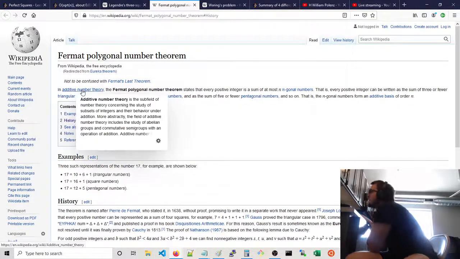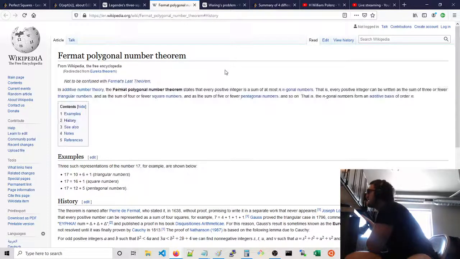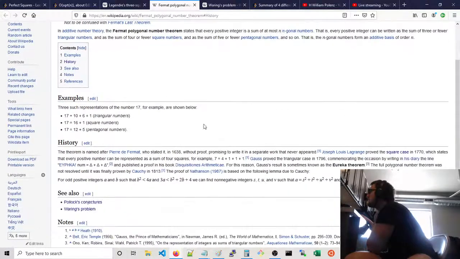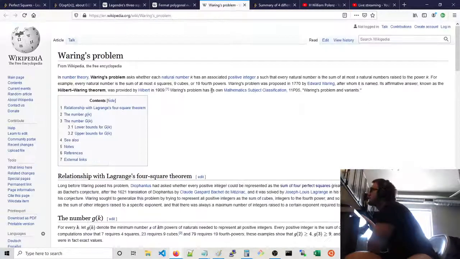Additive number theory. Yeah, we delved into additive number theory and came across some pretty interesting results that people have come up with regarding additive number theory.